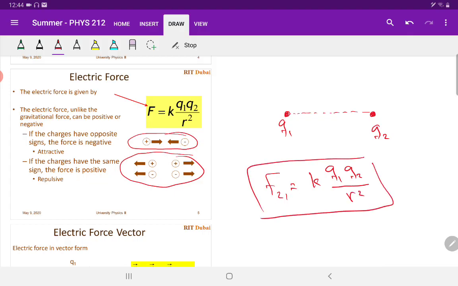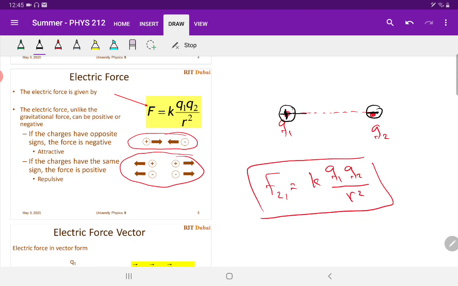Now, what about the direction? If I want to define the direction, I need to know what kind of charge we have. Let's assume that we consider Q1 as positive and Q2 as negative charge. Now, in this case, what kind of interaction do we have? It's an attractive force.